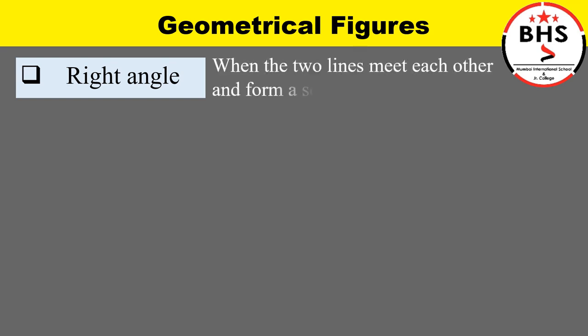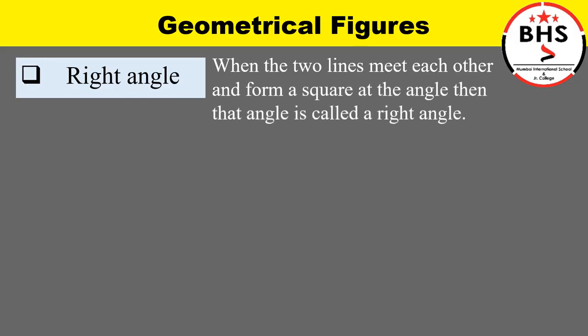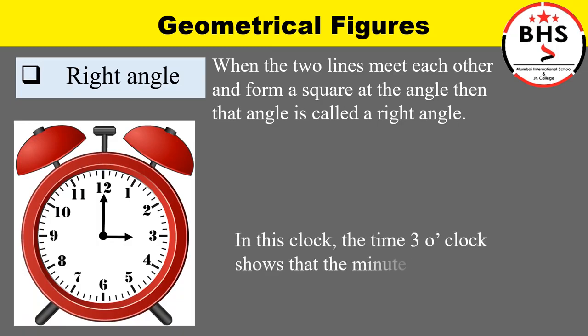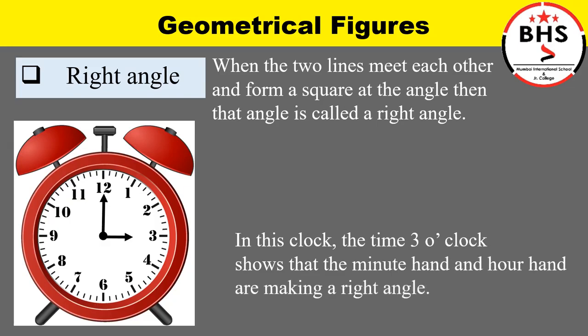When the two lines meet each other and form a square at the angle, then that angle is called a right angle. Children, let me explain you with the help of example. In this clock, the time 3 o'clock shows that the minute hand and the hour hand are making a right angle.